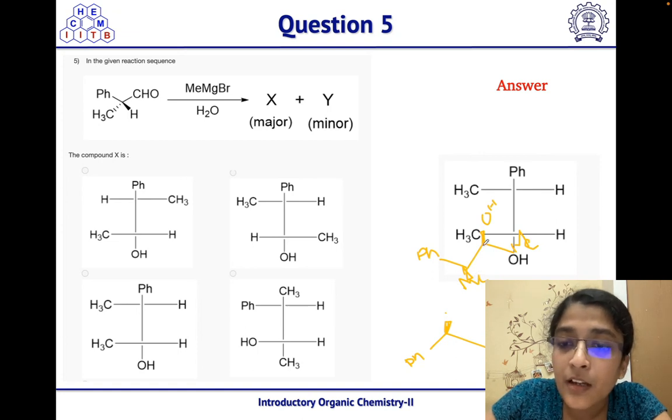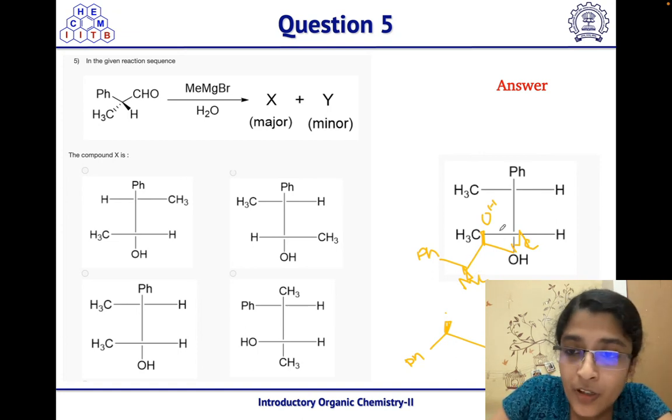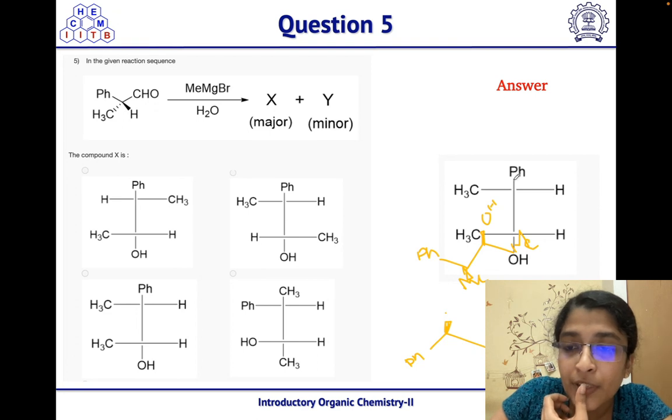Here we can see, compared to this, here priority 1, 2 and 3, S conformation at the center, and here at the center 1, 2 and 3, here also S conformation. So here how we will see R and S in Fisher projection.